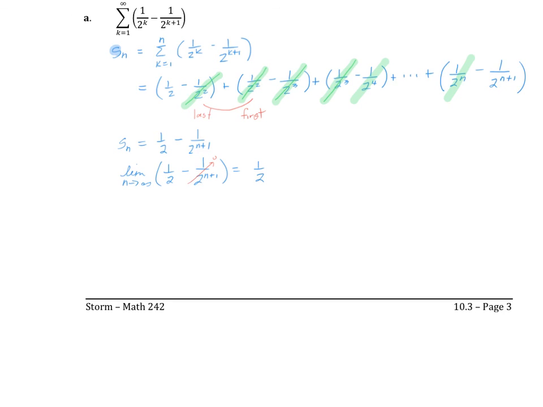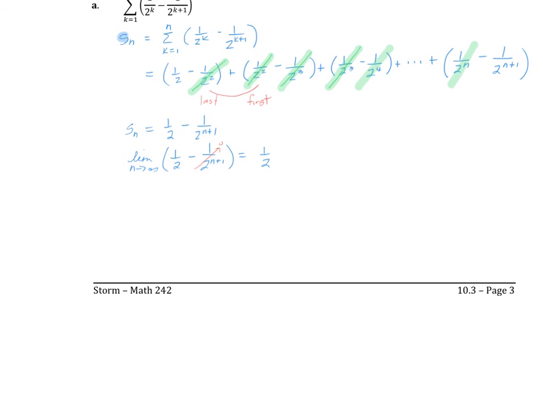So what that means is our series converges to 1/2. Or in other words, our initial series, the sum of 1 over 2k minus 1 over 2k plus 1, is equal to 1/2. So not only could we figure out that it converges, we also know what it converges to.